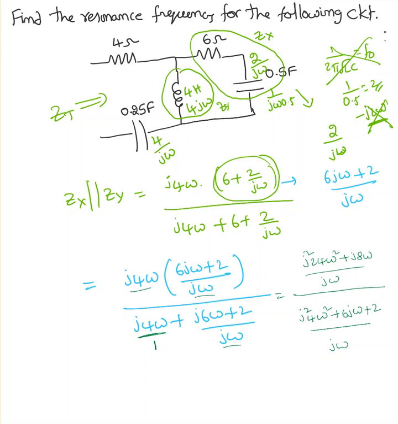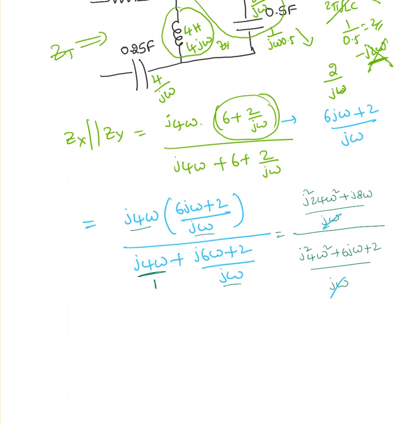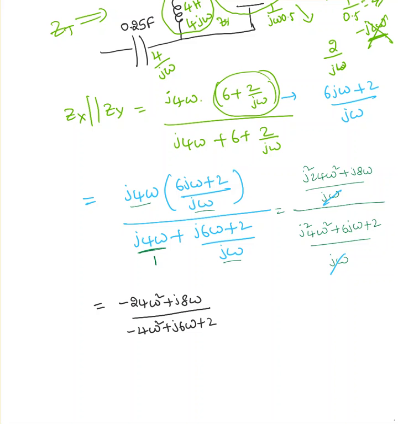It's a very simple problem finding Z total, but you need to have patience to solve the equations. So this j omega gets cancelled out. I will end up with j squared, which is minus 1, so minus 24 omega squared plus j8 omega, over negative 4 omega squared plus j6 omega plus 2. That's the impedance Zx parallel with Zy.